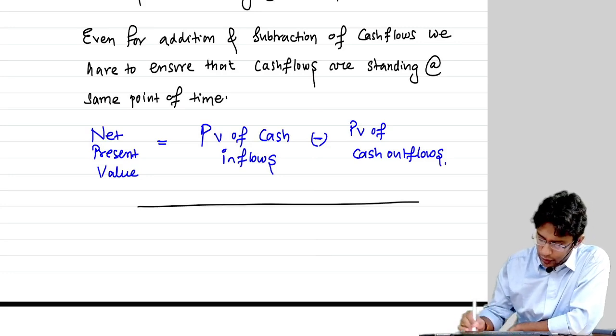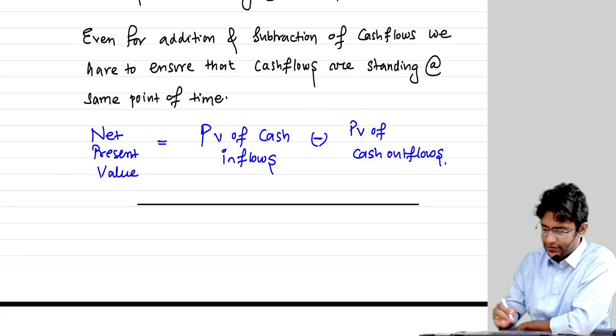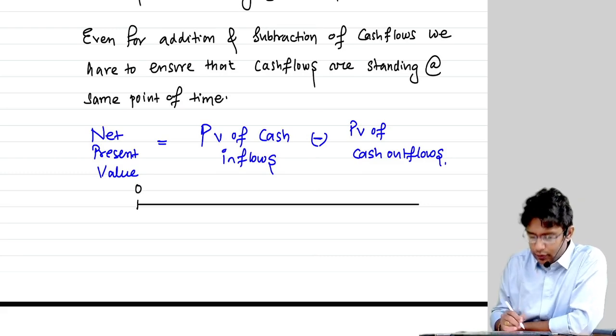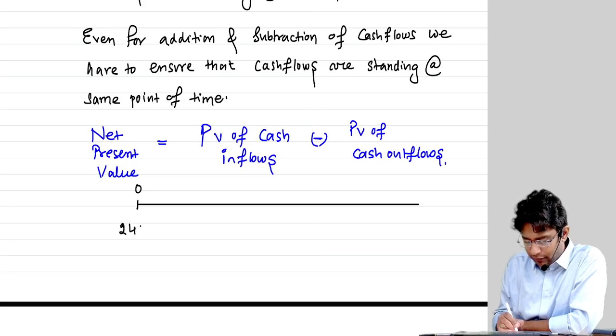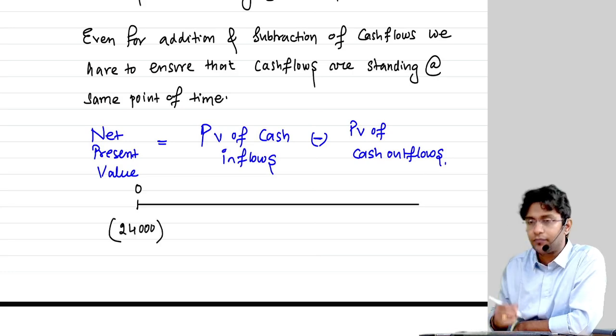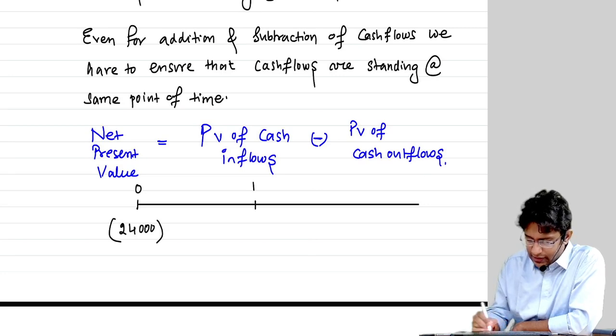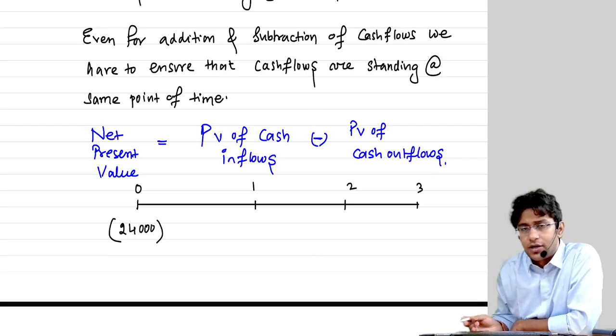But before we go into that, visualize this. Today, I have to buy a machinery by spending an amount of 24,000 rupees. If I buy this machinery, then first year, second year, third year, I will get some cash inflows.